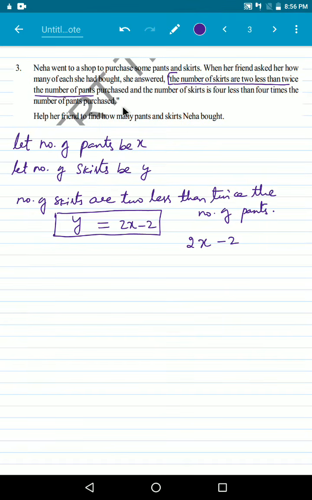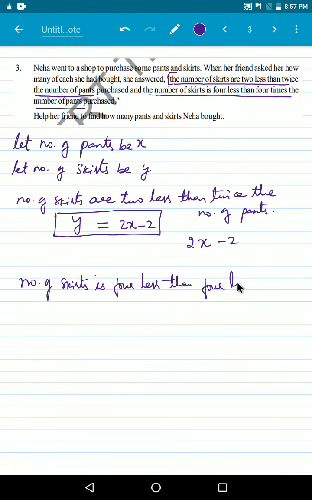Now to write the second equation, we will use this sentence: the number of skirts is 4 less than 4 times the number of pants. The number of skirts, which we took as Y, is equal to 4 less. 4 less means we should subtract 4 from what number?